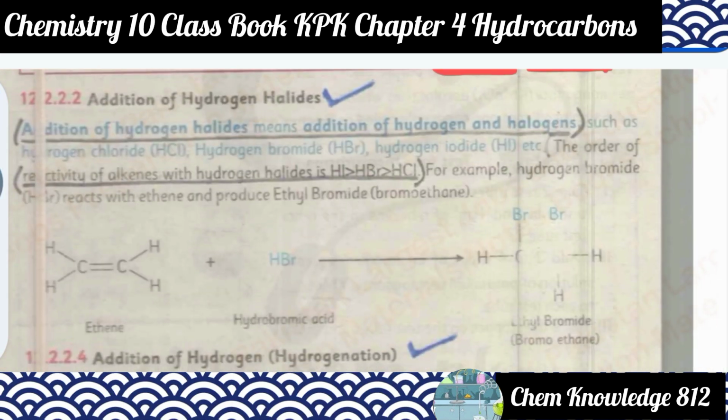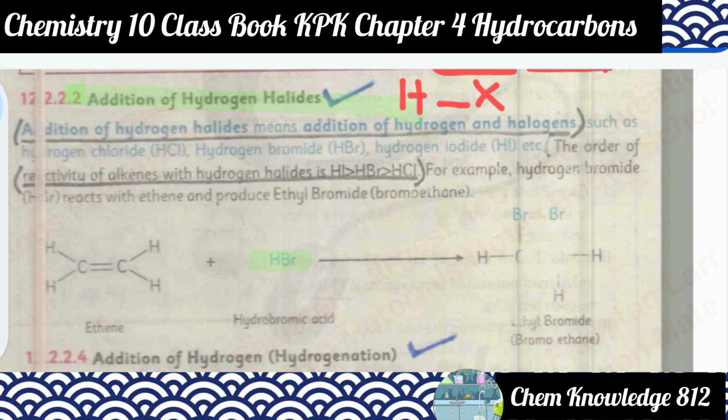So the next one is addition of hydrogen halides. In this case, you can say this is hydrogen bromide or hydrogen chloride. Hydrogen halide means H–X, where X may be chlorine, bromine, iodine, any of the halogen family.